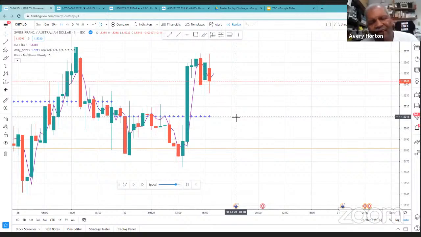It doesn't always get hit on the same day, but there's a high probability that it does. As far as the mid dots, it's basically a bias. If price is above the mid dot, you have a long bias, and if it's below the mid dot, you have a short bias, the previous candle's mid dot, that is.